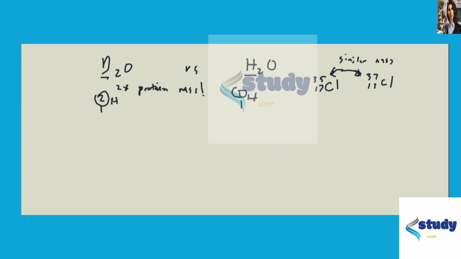But a lot of chemistry takes place via the transfer of hydrogen atoms. And so when you double the mass of that atom, you're going to do things like affect reaction rates. You're going to affect things like intermolecular forces. So really, the key thing for the difference in chemical properties between D2O and H2O is the mass.